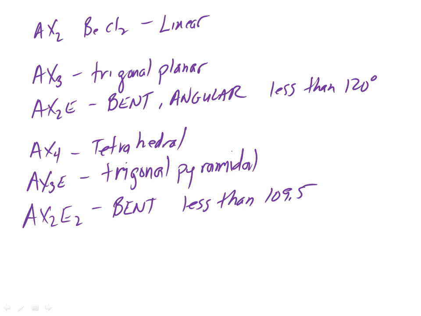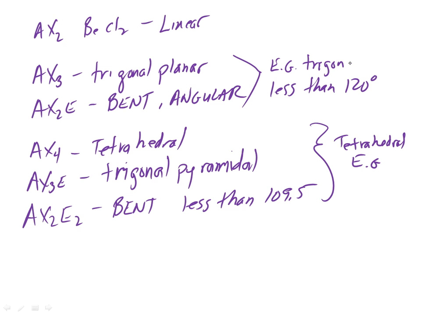Alright? So the electron geometry of all of these is tetrahedral. The electron geometry for both of these would be trigonal planar. Alright, and then we did the category AX5, which is trigonal bipyramidal.